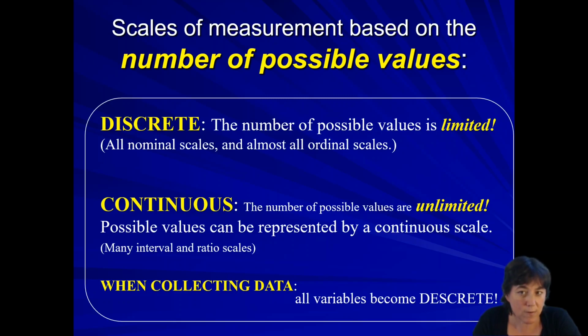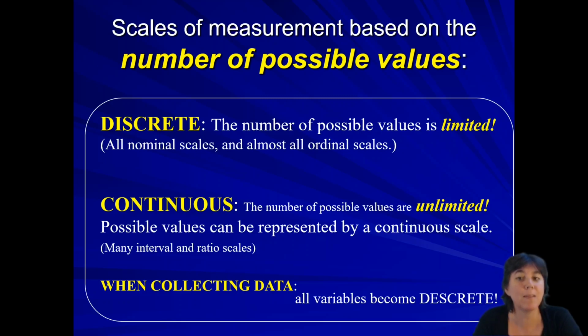Whereas with continuous scales or continuous variables, the number of possible values is unlimited, okay? It's a continuous scale, and of course, when you're actually collecting data, you will talk about milliseconds. Thus, your beautiful continuous scales with the fraction of milliseconds become discrete, because you have to measure it somehow.